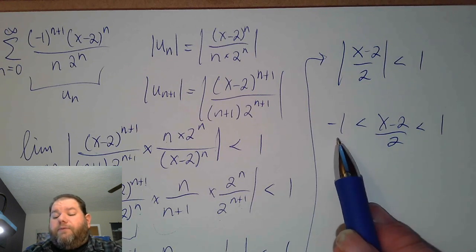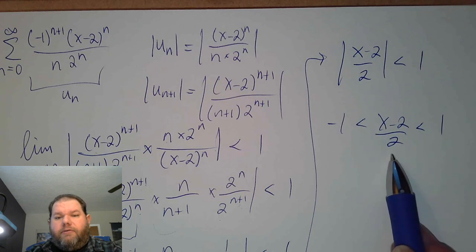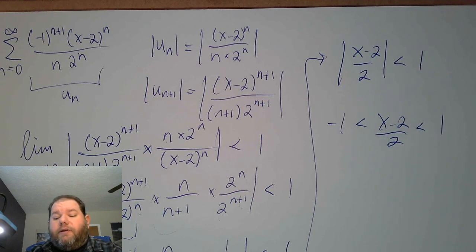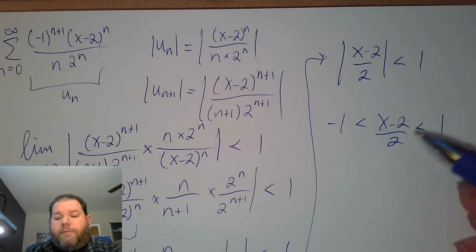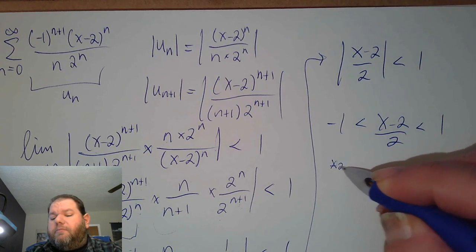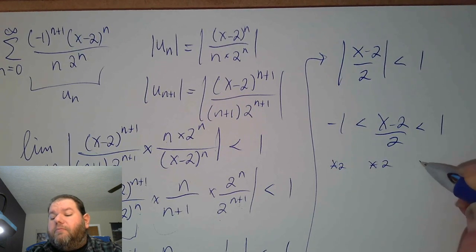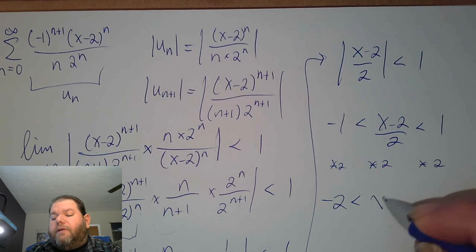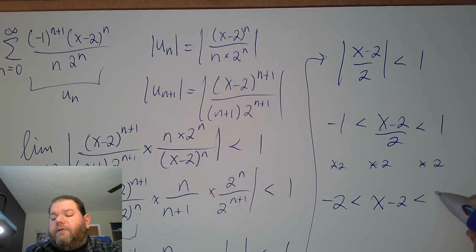So we end up with -1 less than x minus 2 over 2 less than 1. We'll go ahead and multiply everything by 2. That'll get rid of this 2 on the bottom. So -2 less than x minus 2 less than 2.